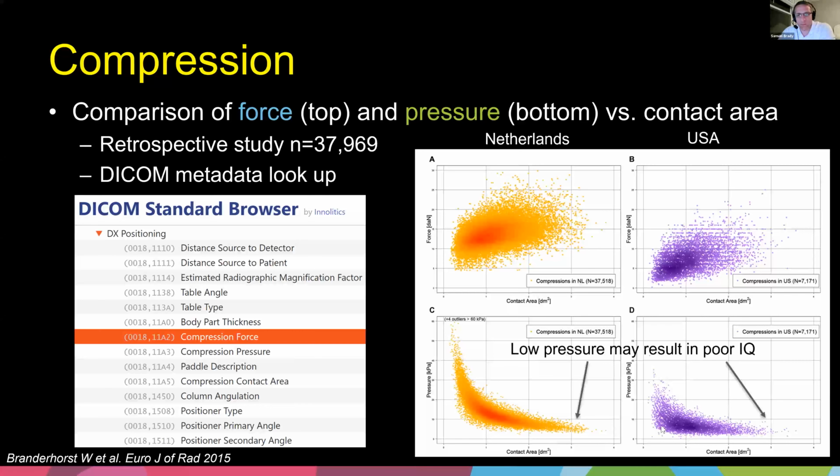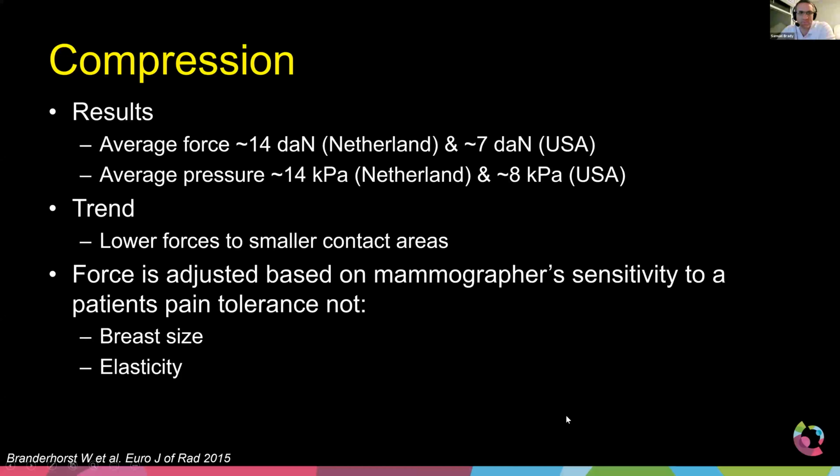The biggest problem with the way we've been doing it, using force as the metric, is that the pressure actually goes super, super high for these really small breasts. So this is where you're probably getting a lot of pain, up in this region. But over here, you're getting a lot less compression, and so you might have poorer image quality down here on this spectrum.